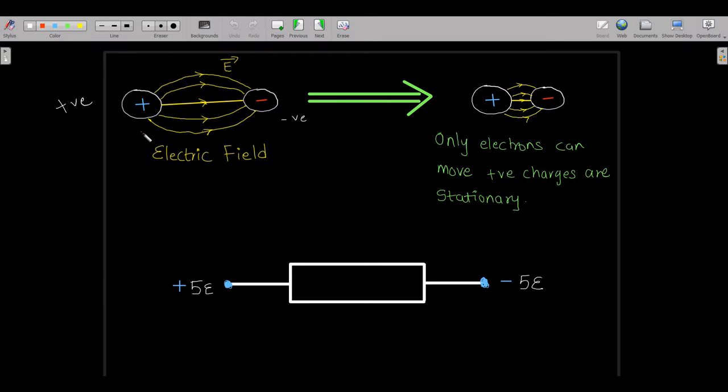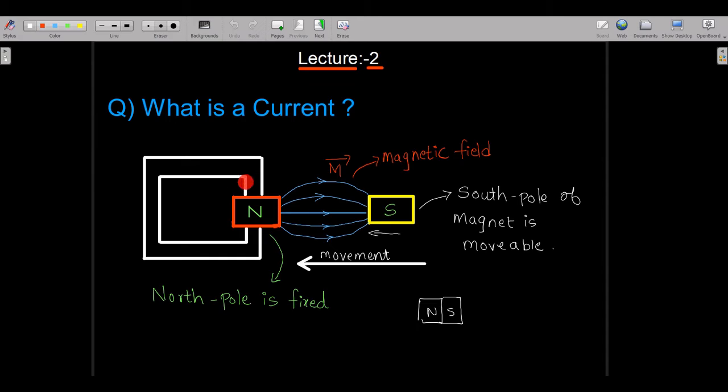And see, earlier the distance, let's say the distance was d, and now it has come very much closer to the positive charge. Okay, but what we understand from this particular thing is that only electrons can move. Okay, only electrons can move, but positive charges are stationary. They cannot move here and there. That means the positive charge which you are seeing over here, we can compare it to the north pole of the magnet, which I had set up in this particular experiment.